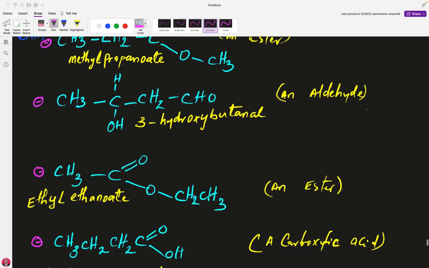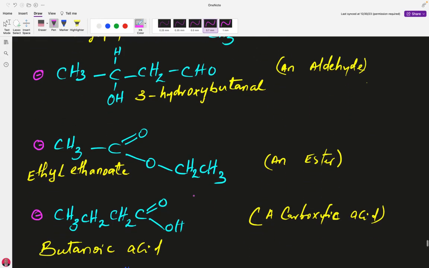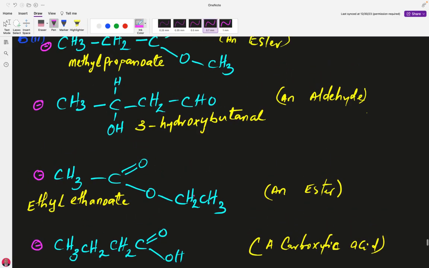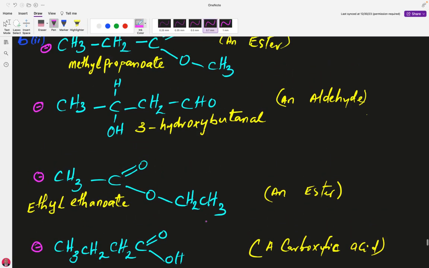Now another structure that also came up is an ester. But this time around, it is not a methyl, but an ethyl. Why an ethyl? The side chain has two carbon atoms.